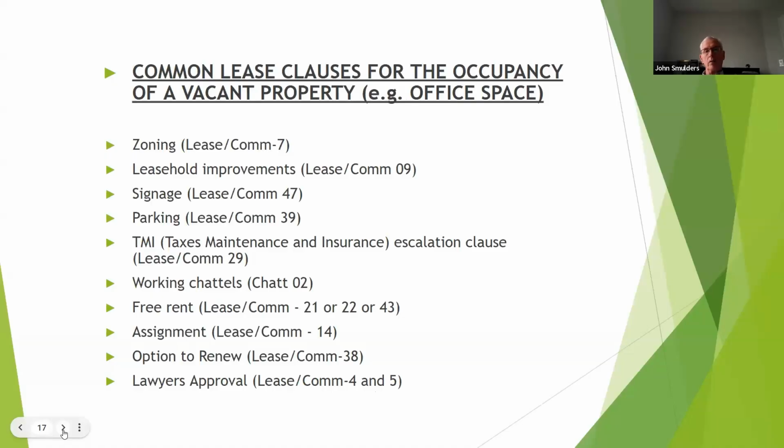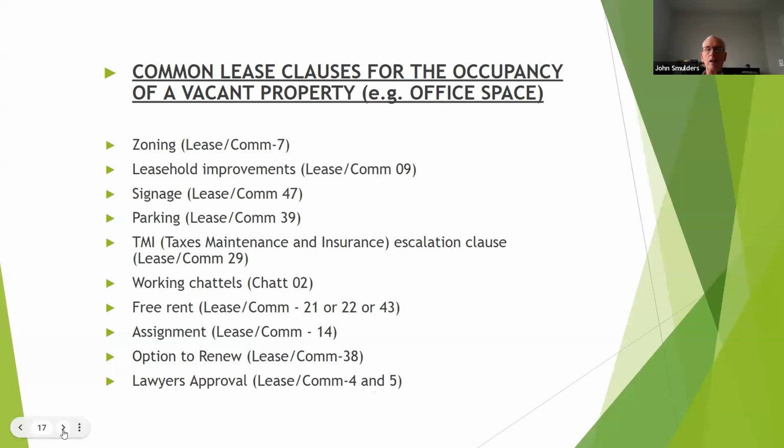So, common lease clauses. There are a lot of clauses already in your transaction kits. In your transaction kits for commercial leases, Schedule A has the most common ones in there already. These are some other ones. Some of these are in there, some of them aren't. Take a picture of it if you want to have it.